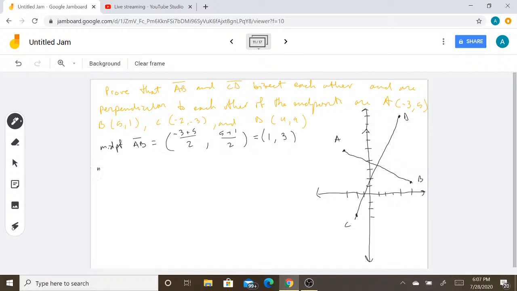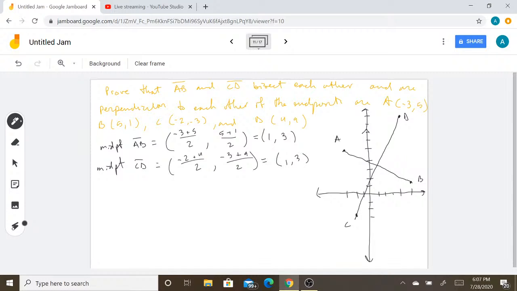If we do the same thing for segment CD, we take the average of the x coordinates, (-2 + 4)/2, comma, the y coordinates, and this actually gives us the same thing.